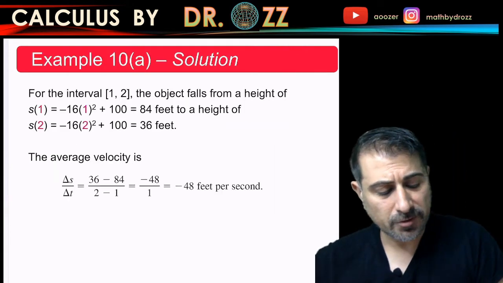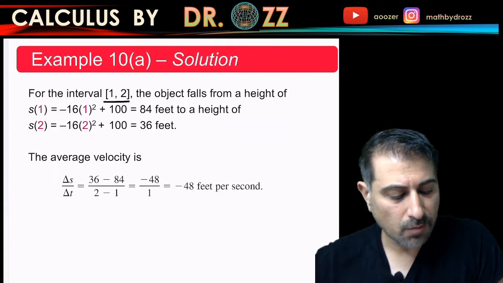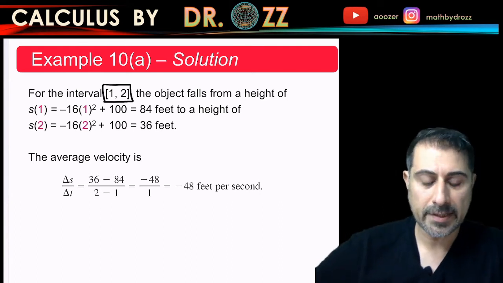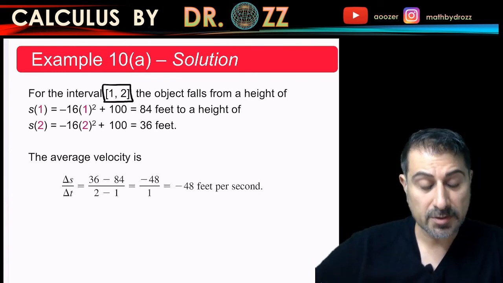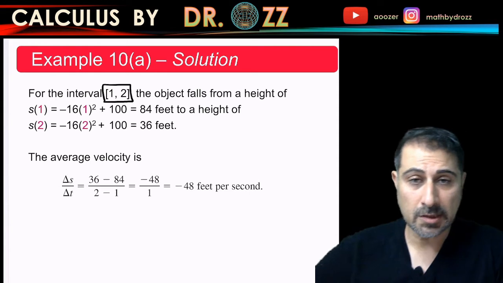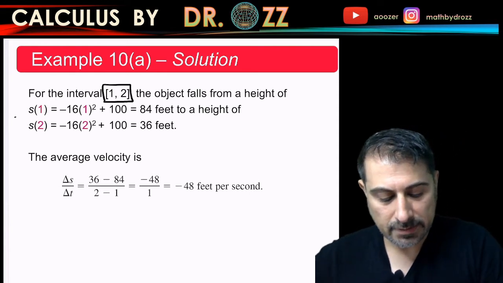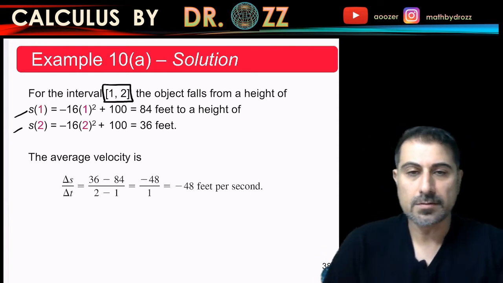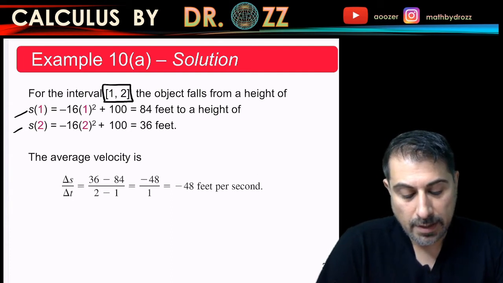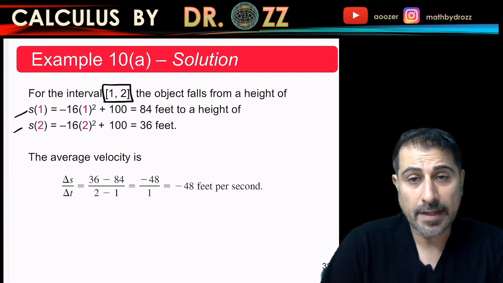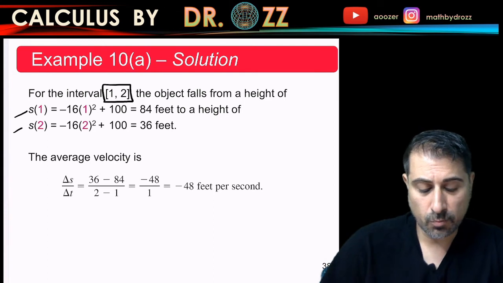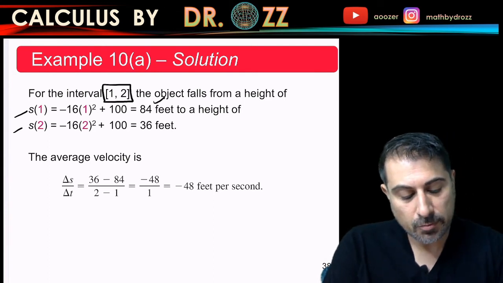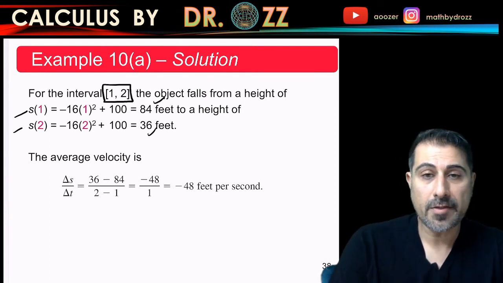For finding the average velocity on the time interval 1 and 2, all I need to do is check the distance traveled from t equals 1 to t equals 2. I'm looking at the positions of the object, which are s of 1 and s of 2. Plugging in 1 and 2 for t takes you to 84 and 36.